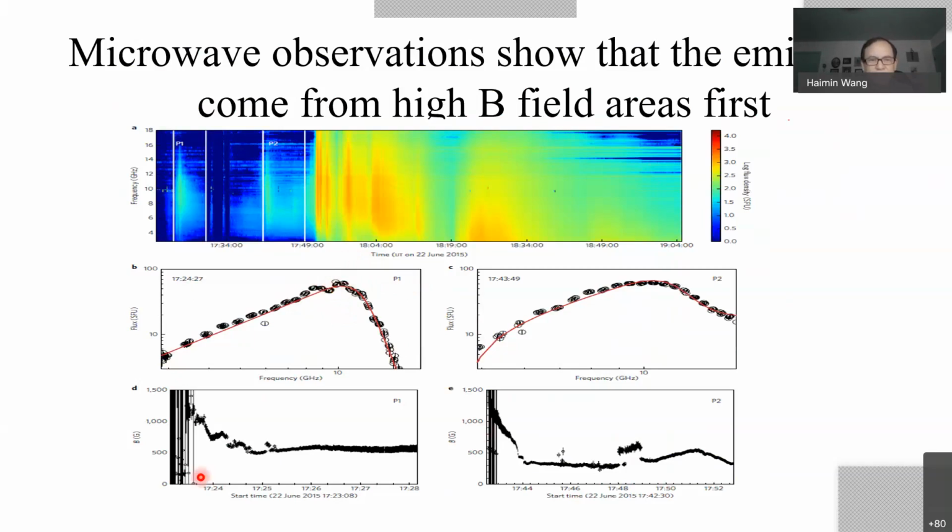So although it's quite noisy, we can see the flare initiation started from kilogauss field. That means the flare initiation starts from near the photosphere. So this is the power of using Owens Valley data together with Big Bear data. Both are NJIT facilities.